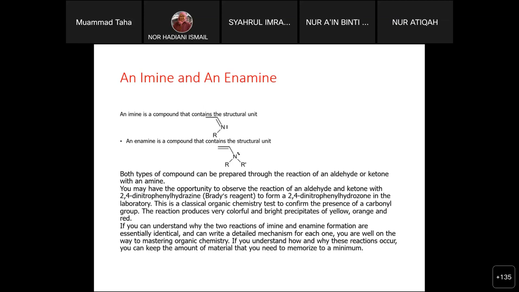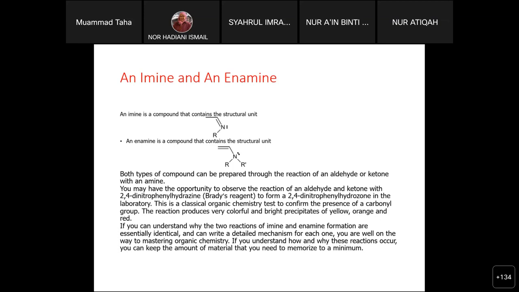You already know what is secondary and what is primary. If the nitrogen is attached to only one carbon and reacts with an aldehyde or ketone, it always forms an imine. But an enamine needs a secondary amine. A primary amine cannot form an enamine.